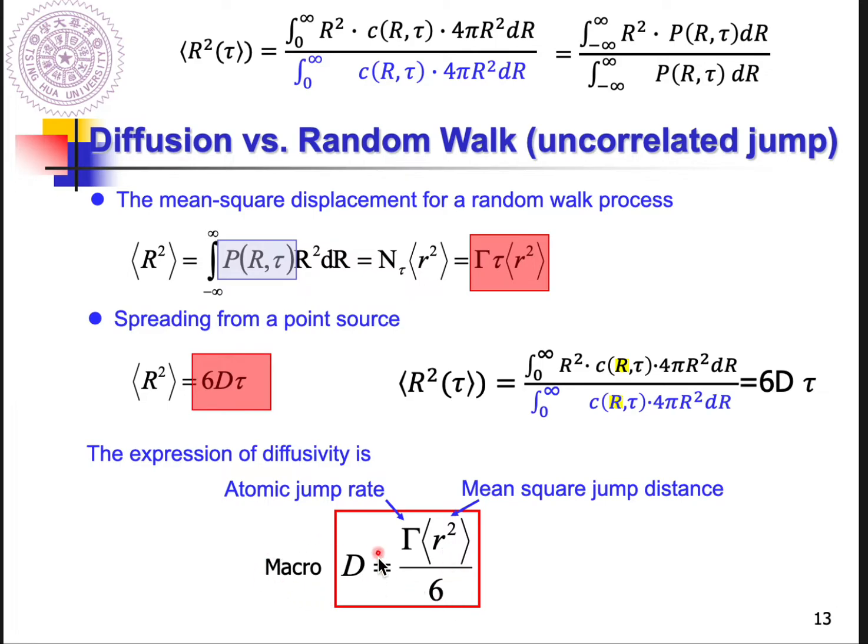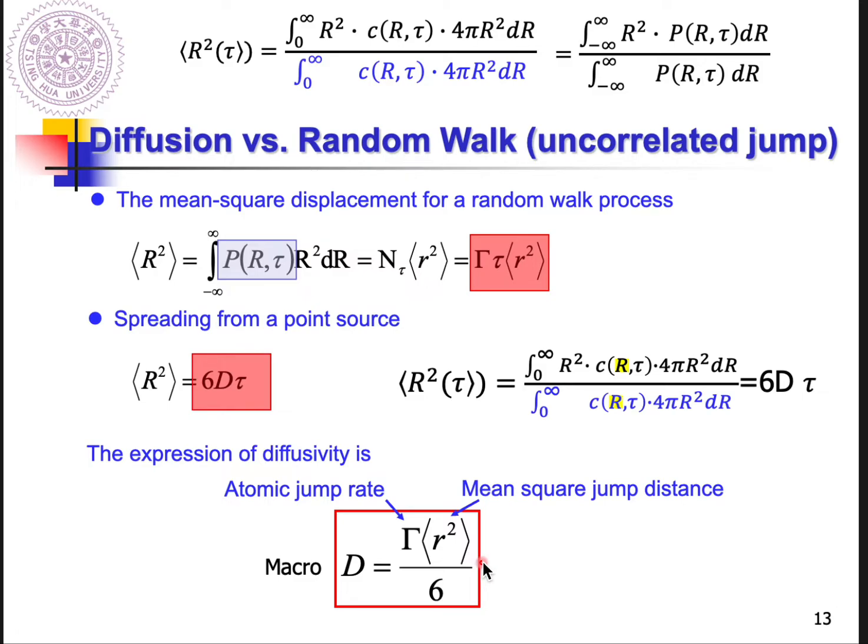So this is how we successfully correlate the diffusivity we measure or observe in macro scale with the atomic jumping correlated with crystal structure, which we observe in micro scale.